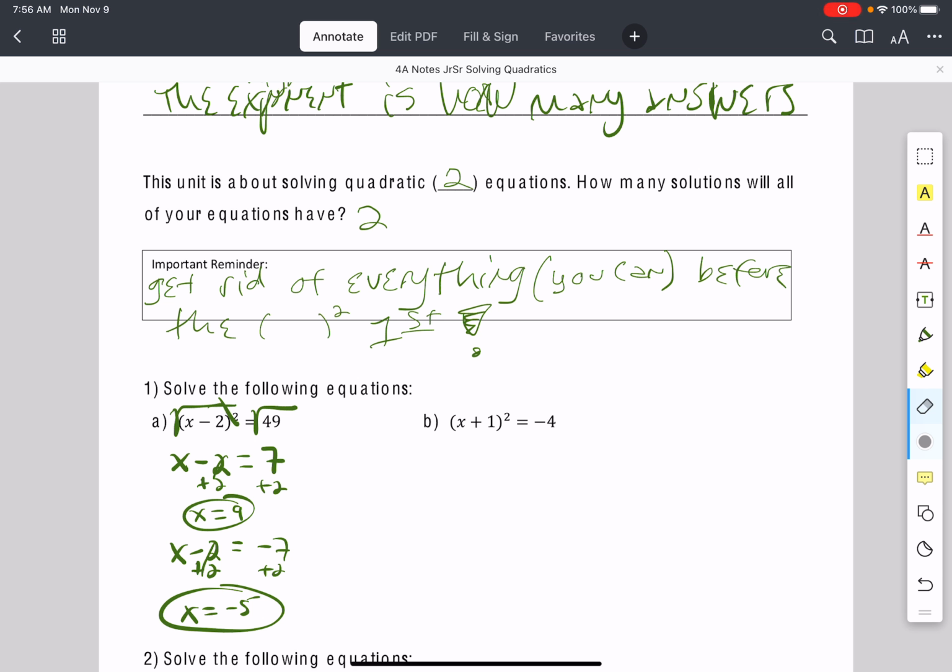Okay, let's try another one. The squared is all by itself, so I'm ready to square root. So x plus 1 equals? Good.